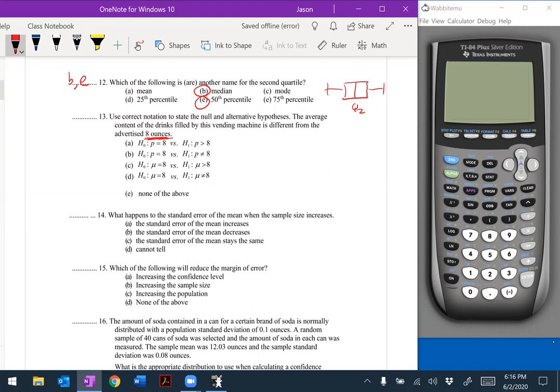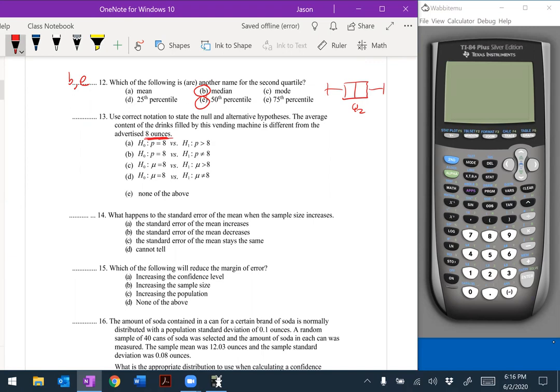Okay, so H0: p equals 8 versus H1: p is greater than 8. I don't know if it's bigger or smaller. They don't tell me whether it's bigger or smaller, right?